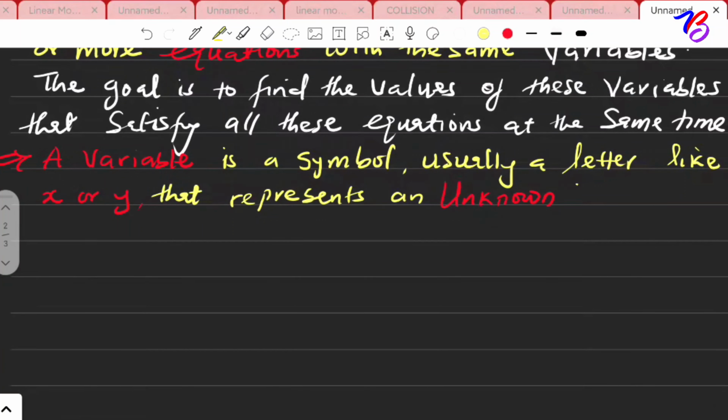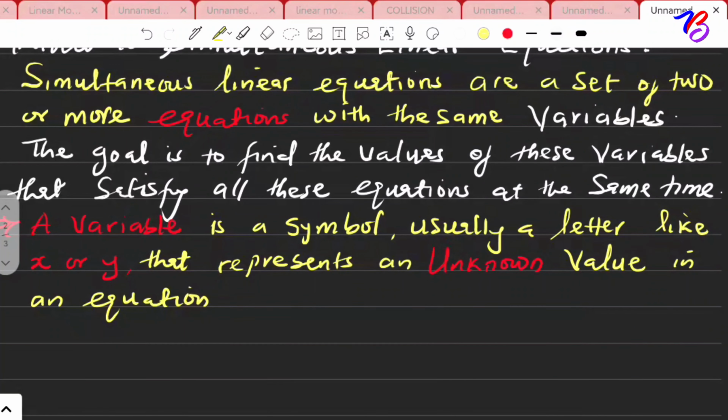Underline the unknown here. I'm using different colors to represent that, an unknown value in an equation. So that unknown value that is attached to the main value is known as a variable. So the goal is to find the values of these variables, which is why we need to solve this problem.